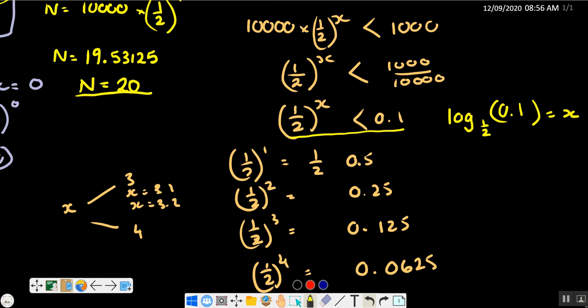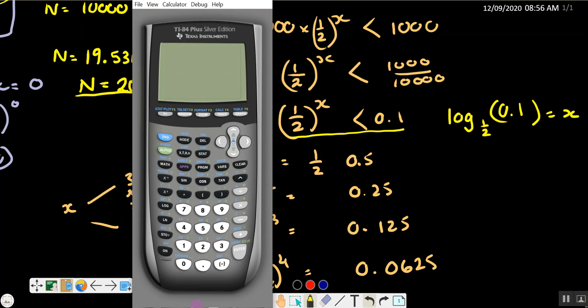So if we've got a calculator that we're able to do it with, well, for me, I can do log base 0.5 of 0.1, and I get the answer 3.321.